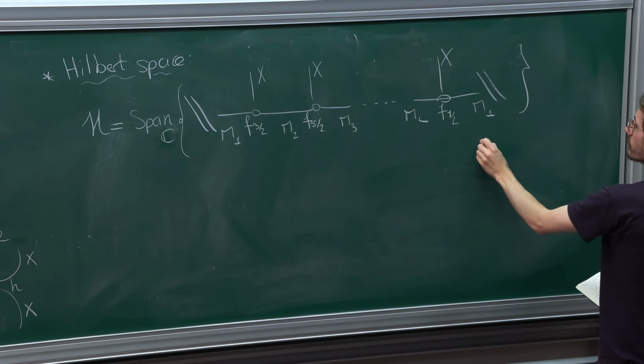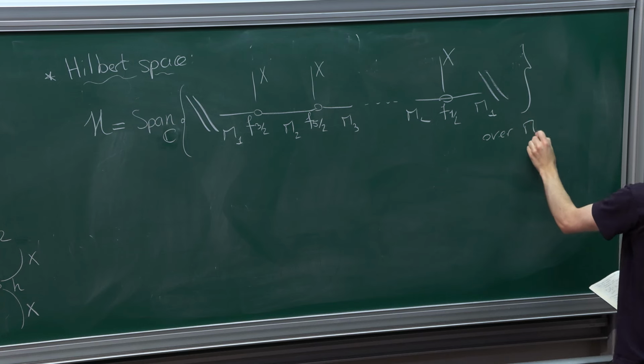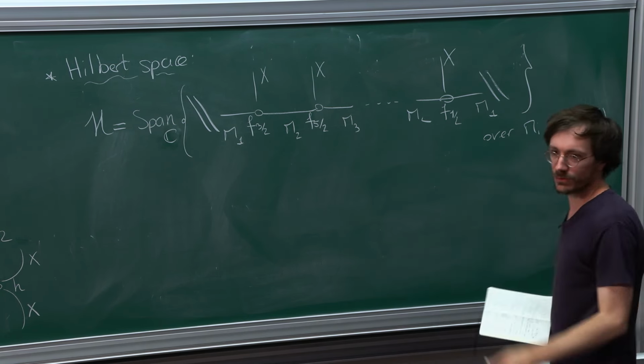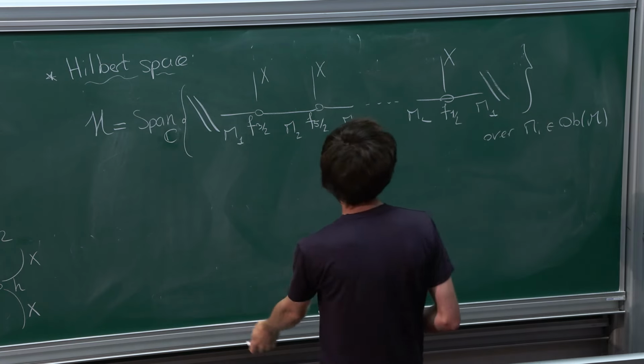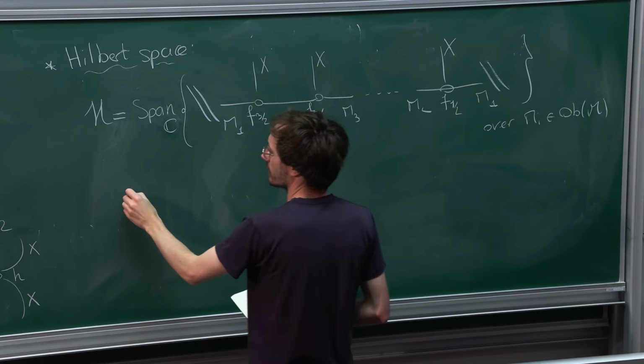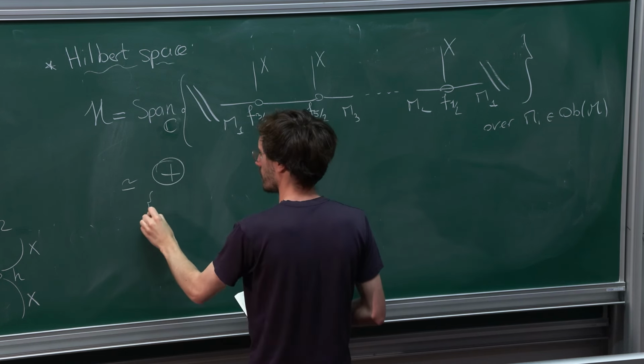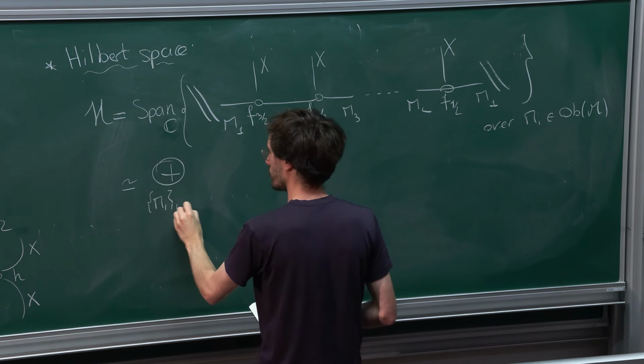So the span is over objects in the module category, and then vectors in the corresponding Hom spaces. If you want, there is a more formal way of writing this. I'll just put it there in case you find it more useful.